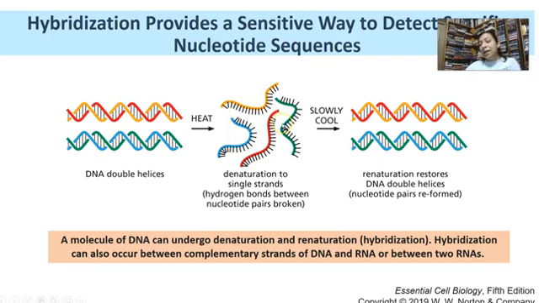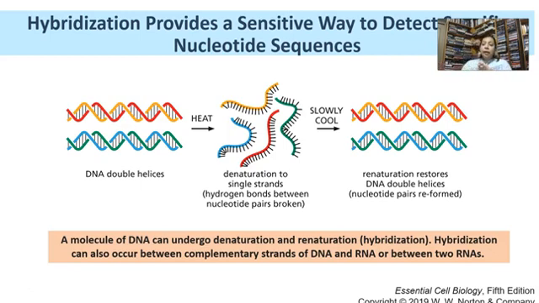Because DNA, again, a lot of it is held together with just hydrogen bond associations, you can actually heat the DNA, and if you heat it high enough, you can eventually melt or denature it so that you have single strands, because the hydrogen bonds would be broken at that time.